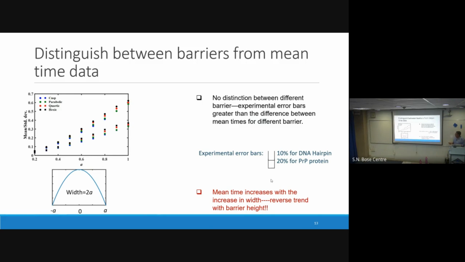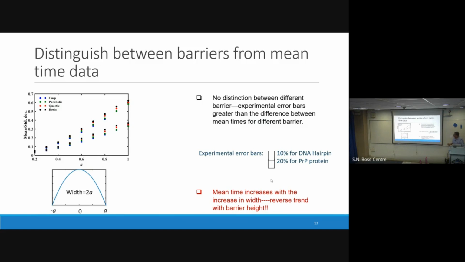Because one cannot distinguish them, and experimentally it is also not possible, because the experimental error bar is 10% for the DNA hairpin for the mean time, and for the PRP protein it is 20%. So the experimental error bar is higher than the difference between the mean times for all the barriers that we use. So then we see, as I mentioned, that the mean time increases with the increase in width.